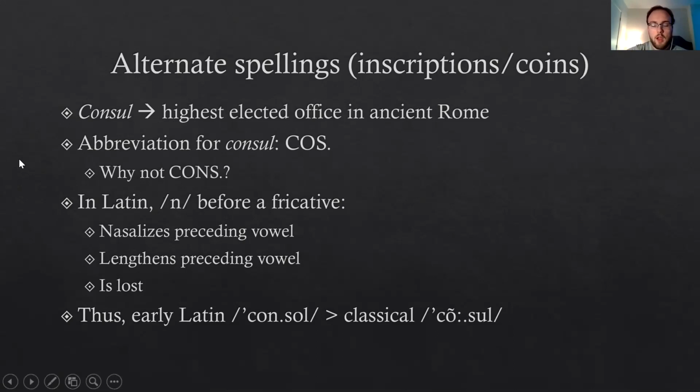Well, what actually happens is that in Latin, an N before a fricative, like here an S, nasalizes the preceding vowel and lengthens it, and then is lost. In an instance of compensatory lengthening, the nasal is lost and the preceding vowel is nasalized and lengthened.